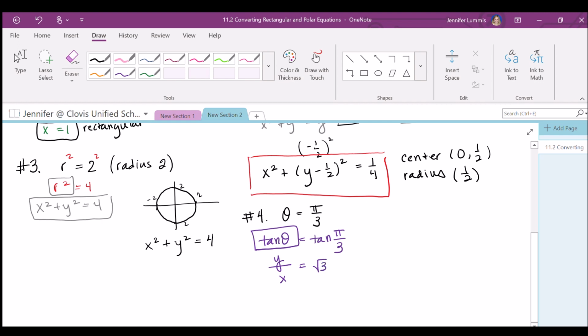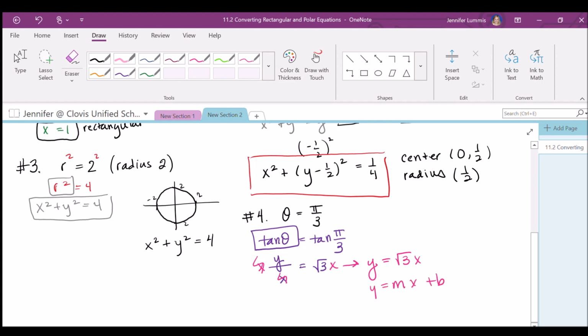All right, so it's been converted, but this is not the typical way we would write an equation in rectangular form. So if I just move x over, I'm going to multiply x on both sides here, right? Then we end up here with y is equal to root 3x, or y equals mx plus b.